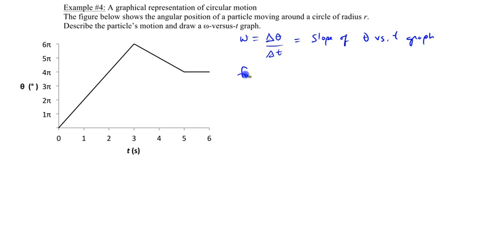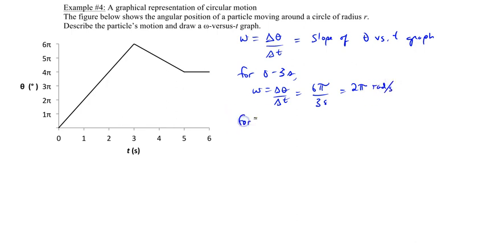So let's do that. For 0 to 3 seconds, the angular frequency would be the change in theta over change in time. If you look at this, we have a rise of 6 pi, all over a run of 3 seconds. So we have 2 pi rads per second.